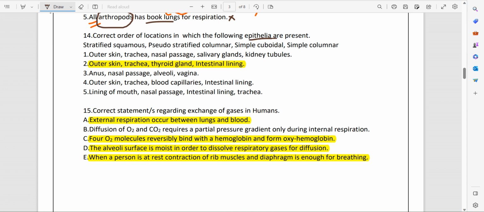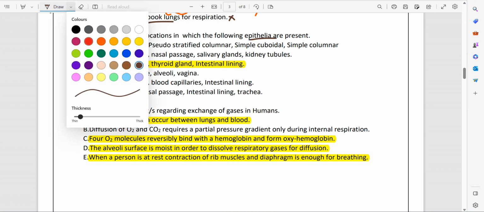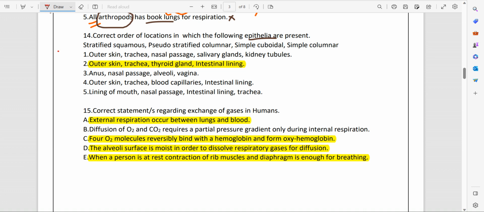So when it comes to epithelial tissues, the main things that you have to scan for while you're studying would be the unique features, functions, and locations. So when it comes to simple epithelia, there are 4 types that we consider: simple squamous, simple cuboidal, simple columnar, and pseudostratified.